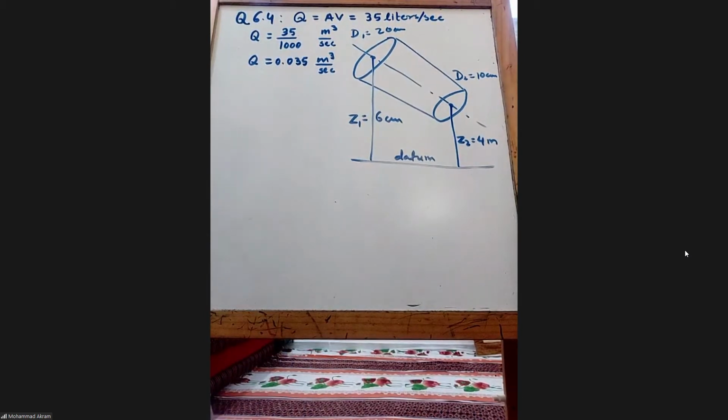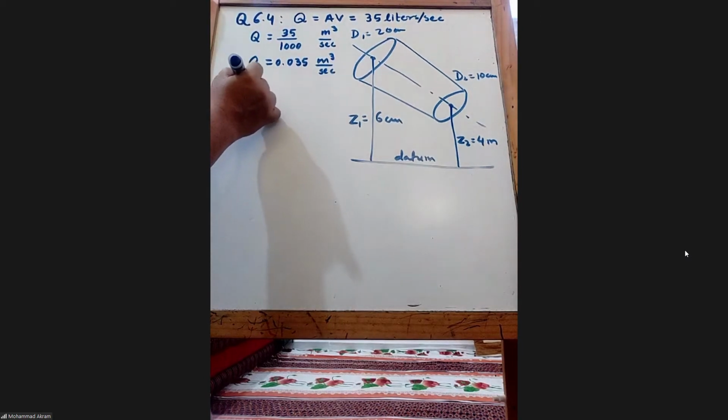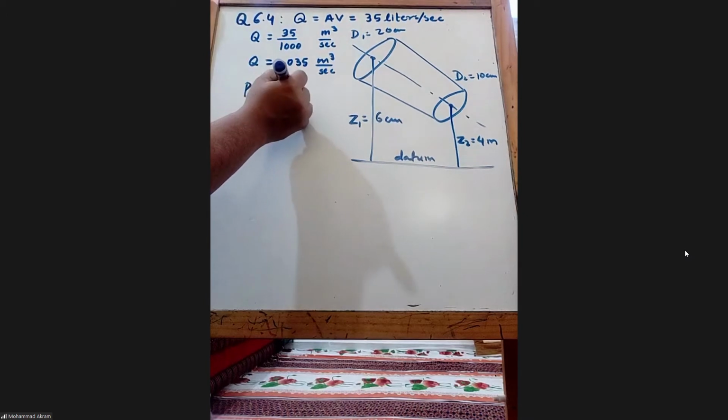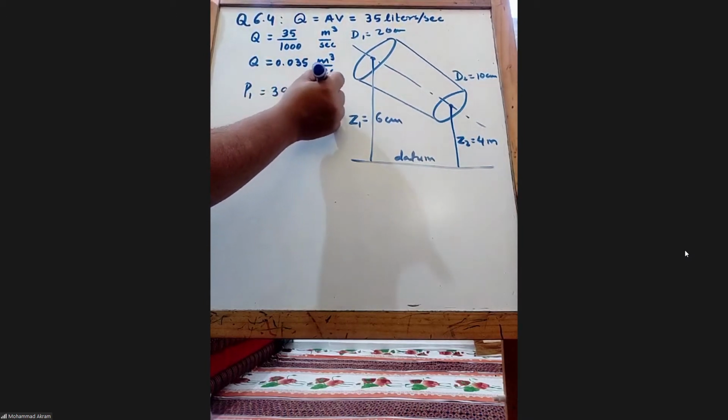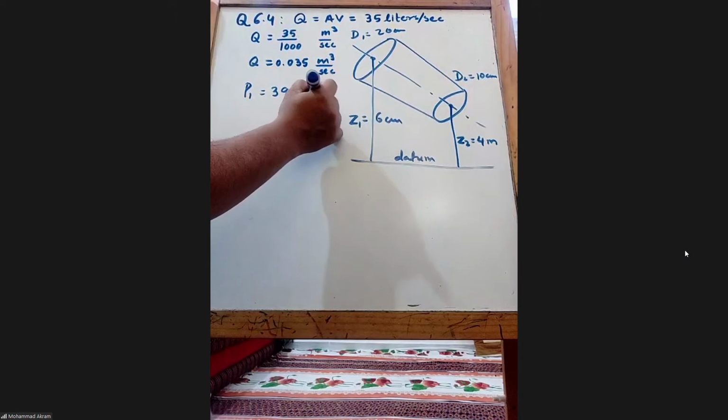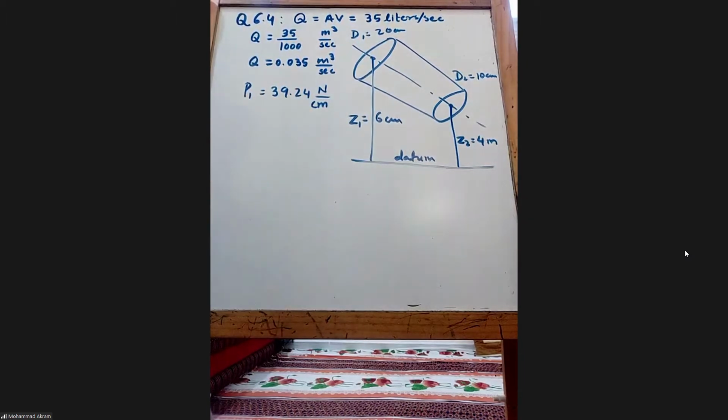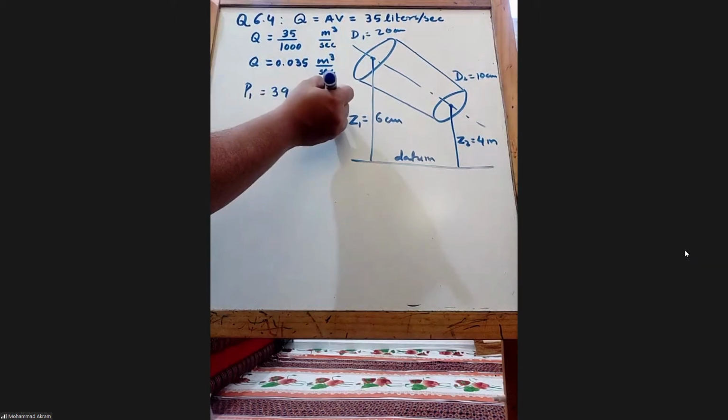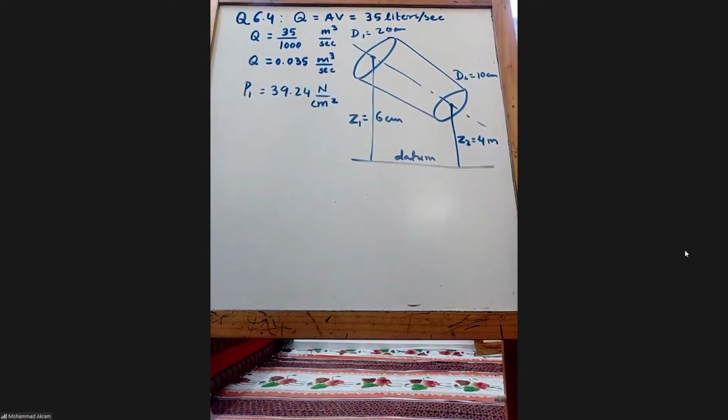No, I don't have the question. Please read the question. After the Z, what is given? Pressure is given. Yes, the pressure at section 1 is 39.24 Newton per centimeter square.